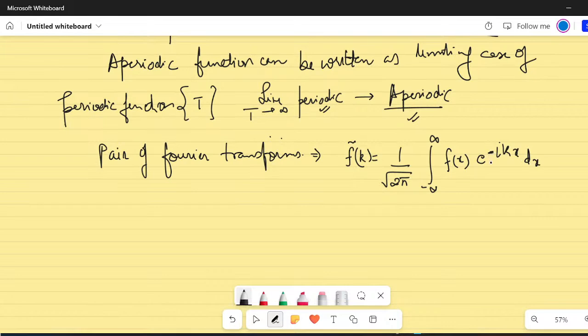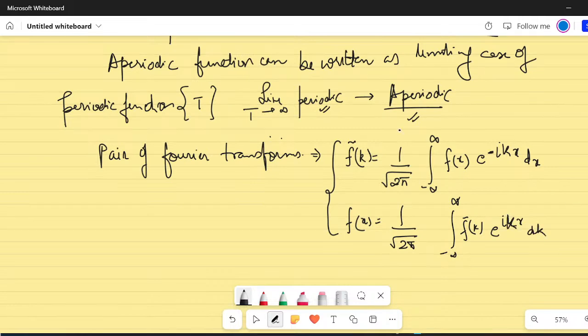For example, some books say that this is plus, don't worry about it. I'm basically writing a pair only. So f of x will be 1 upon root over 2 pi, integral from minus infinity to plus infinity of f tilde k, and at times this f tilde k is also written as g of k. Just make yourself accustomed to these kinds of symbols. So these are the pair of Fourier transforms, each one being the Fourier transform of the other.